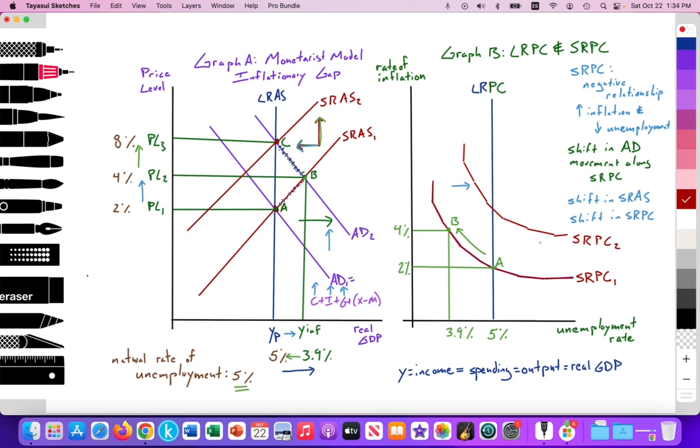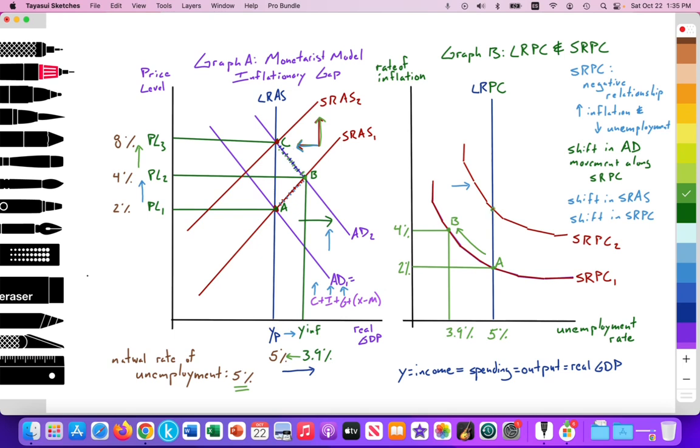The reason for the shift is that the only way we can get the price level to rise or inflation to rise and unemployment to rise is the short-run Phillips curve has to shift out in that direction. So we're going to get point C right here, where we see both a rise in inflation and in unemployment at the same time.